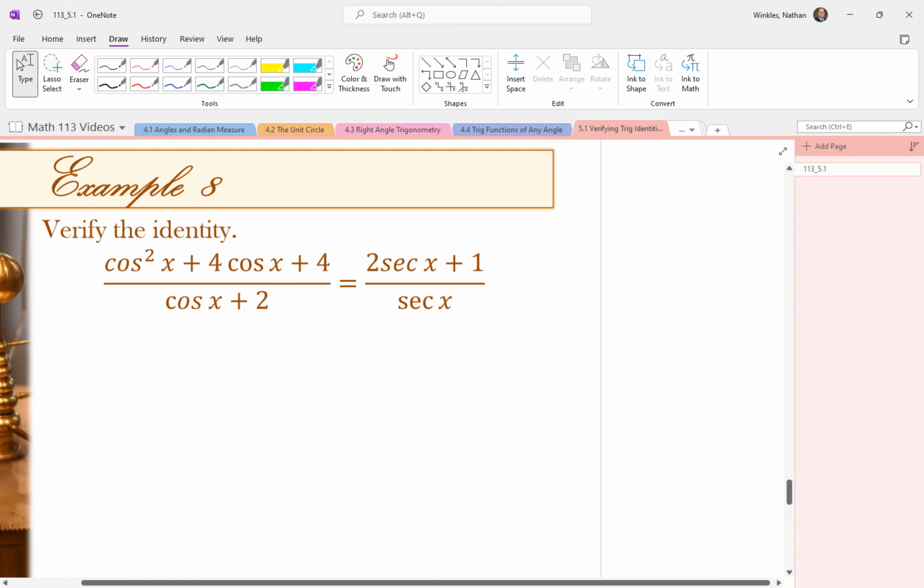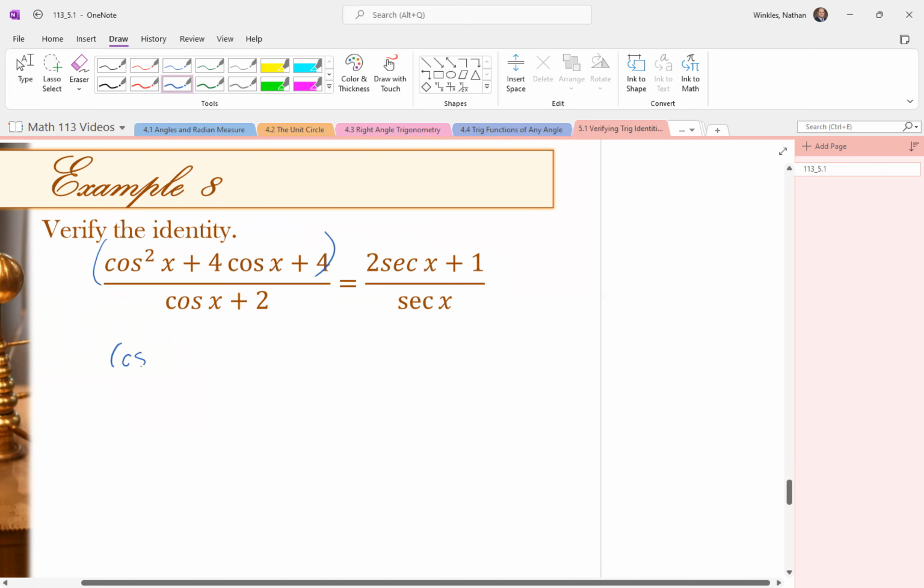So for this next one, cosine squared x plus 4 cosine x plus 4 over cosine x plus 2 equals 2 secant x plus 1 over secant x. So the first thing I want to do, I want to play with this left-hand side. This numerator factors.